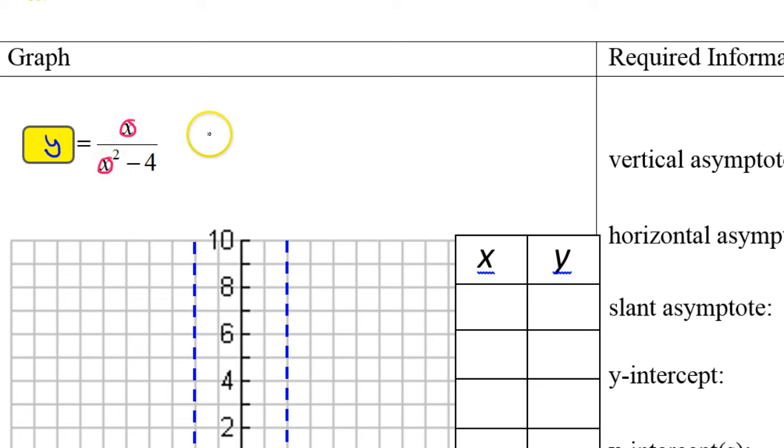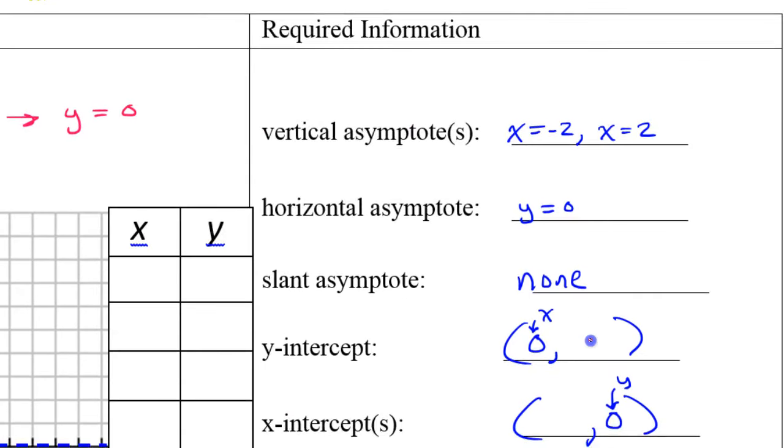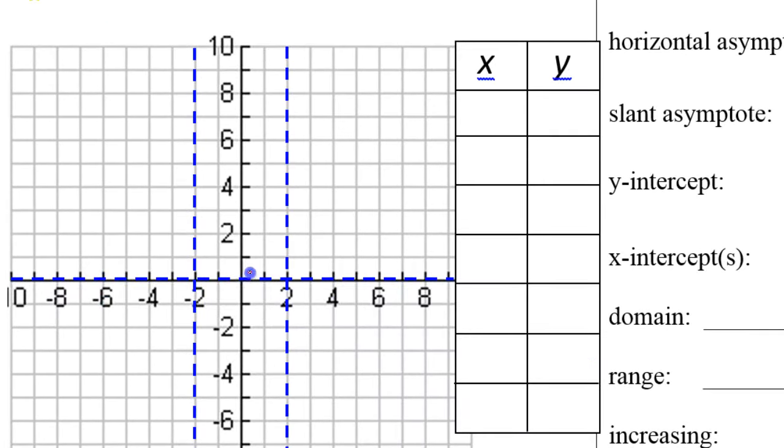So if I put in 0 here and here, then that gives me y equals 0 over negative 4, which gives me y equals 0. So this is going to be my y-intercept. Okay, so in other words, 0, comma 0. And I might as well graph that. All right, my y-intercept is going to be right here.